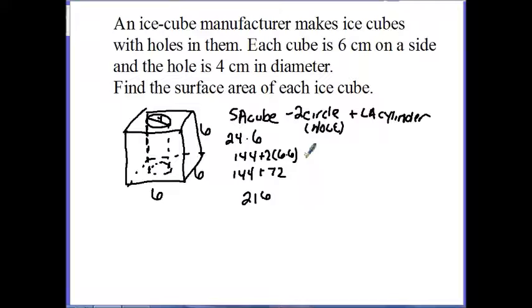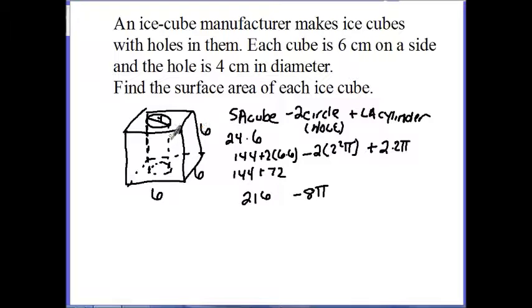Now each hole is radius squared pi. If the diameter is 4, that means that the radius is going to be 2. So 2 times 2 squared pi is going to give me 2 times 4 pi, which is going to be 8 pi. But then I need to add on the lateral area of the cylinder, which is going to be the perimeter of the base, or the circumference, which is 2 times the radius times pi, times the height.